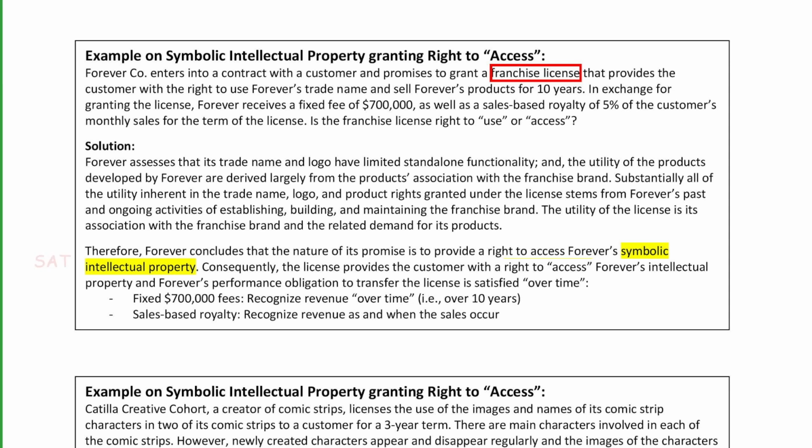And right there, SAT, so that's SAT for Saturdays which are fun. The S of SAT is symbolic intellectual property.